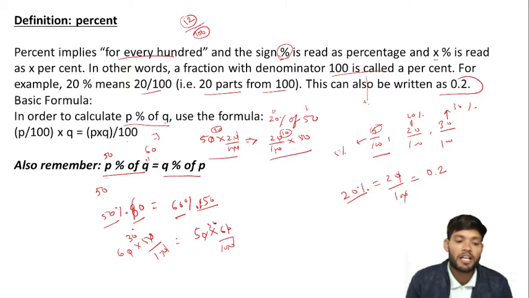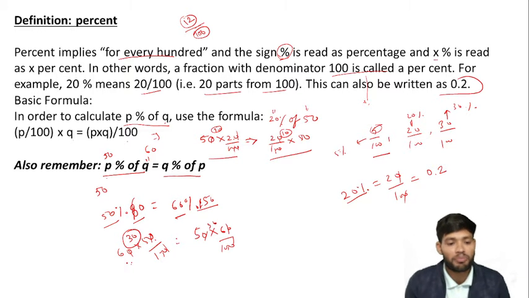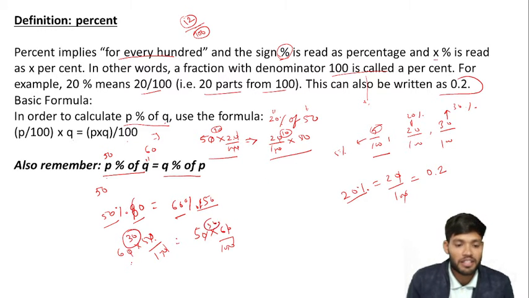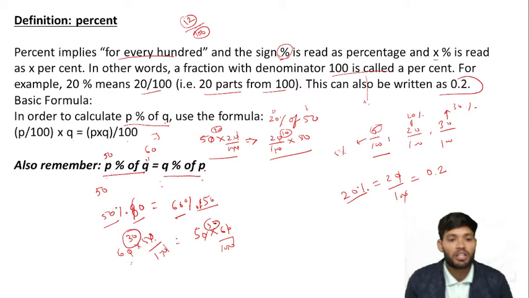It means that 50% of 60 will equal 60% of 50. Both give the answer 30. So it is proved that p% of q will equal q% of p. Clearly understand this? Okay.